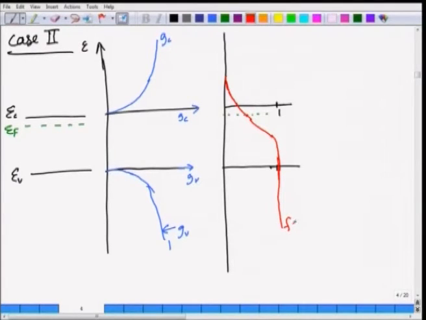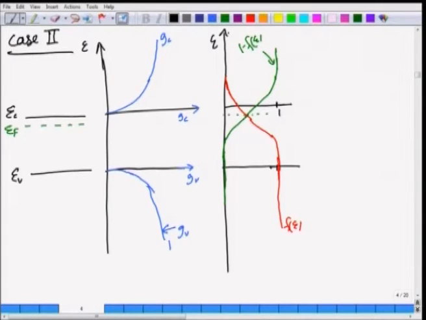This is f of E, and 1 minus f of E will acquire half value also right here, and it will be exactly the mirror image of this. So, we can plot it something like this, becoming 0 right here. So, this is 1 minus f of E.